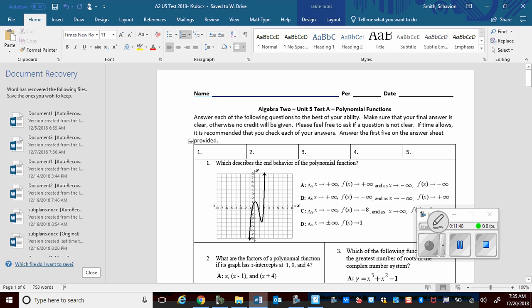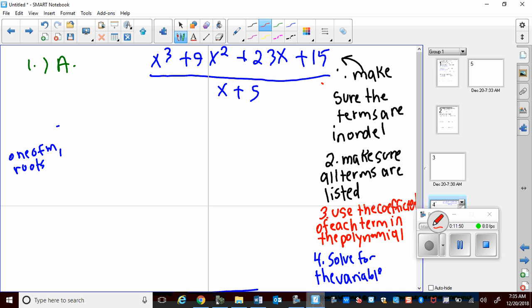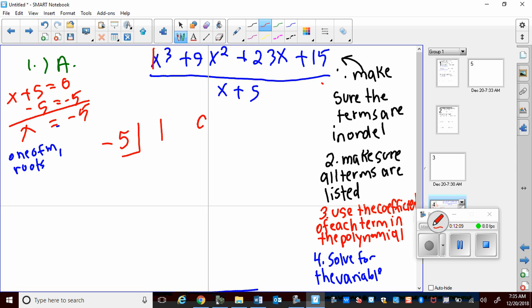X plus 5 equals 0, so I subtract 5 on both sides. X equals negative 5. So I have negative 5 in the corner there. Then 1, 9, 23, 15.